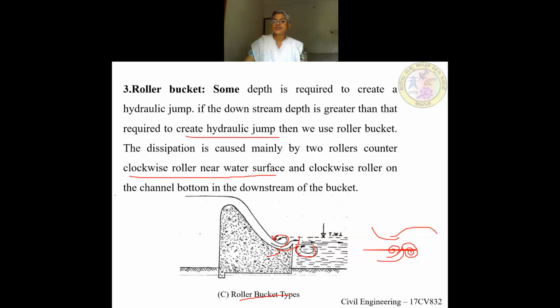And the third one is a roller bucket. Here there will be turbulence of water in clockwise and anti-clockwise direction, which will dissipate the energy. This is used when the tail water level is high. When the tail water level is low, then we go in for a flip bucket.